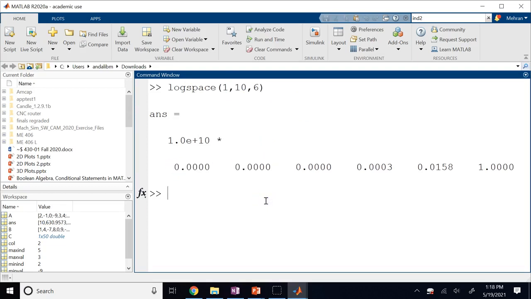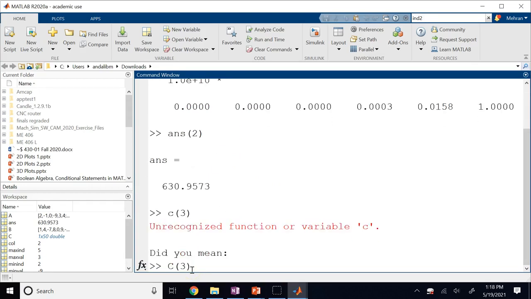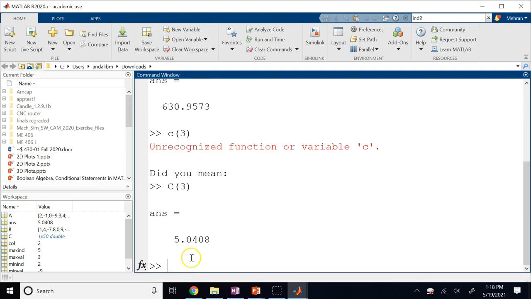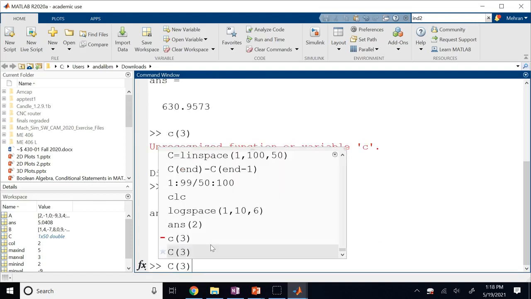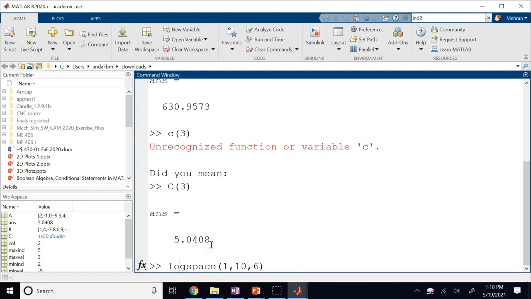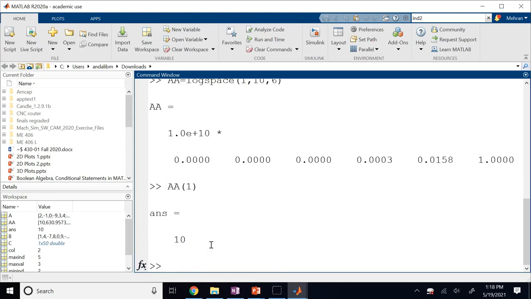I mean, look at this answer number 2. It's not between 1 to 10, it's 630. The third number is what? Answer number 2. Let me give it the name of a variable, AA. So now AA number 1 is 10. That's interesting, isn't it?